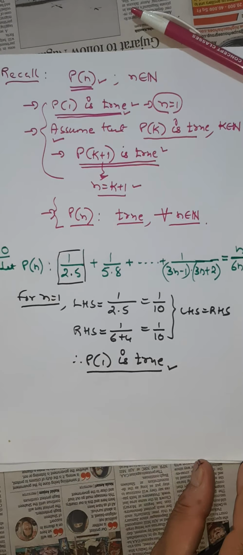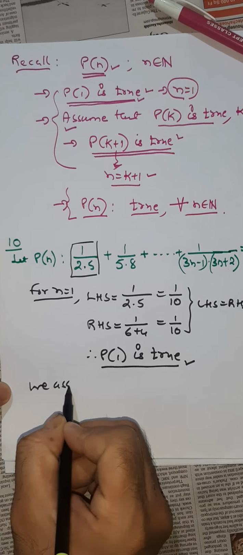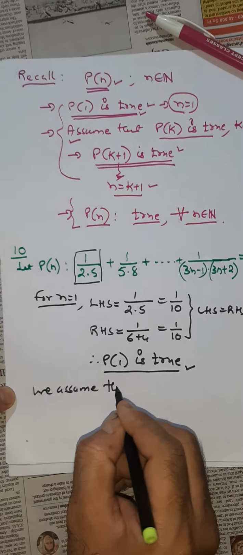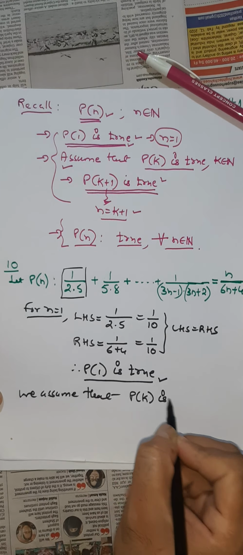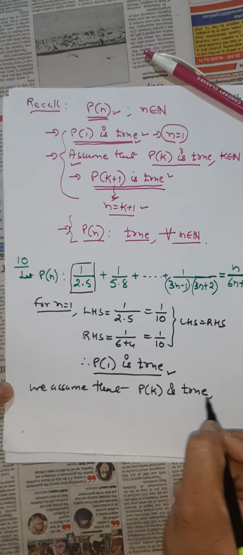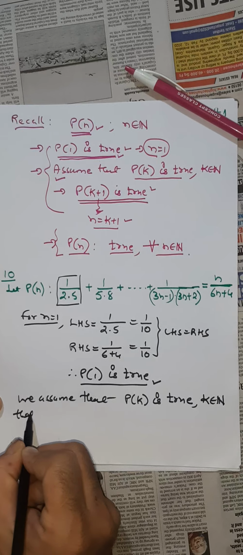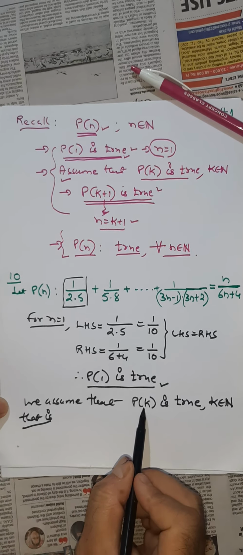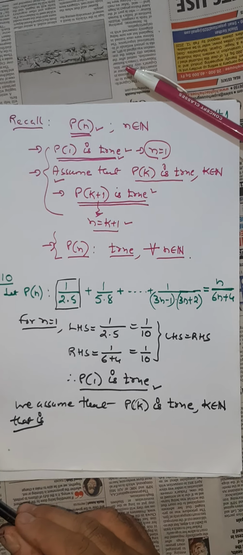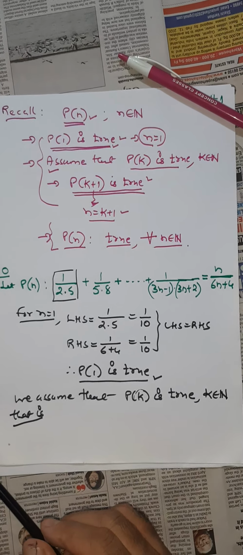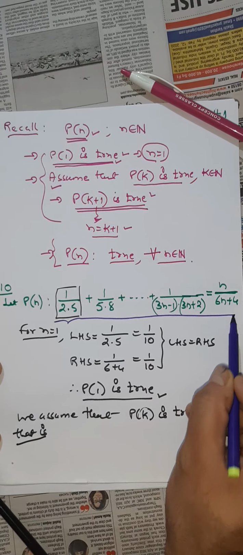That's one thing. Now the next part is our assumption. So we assume that P of k is true. This is our assumption part, where k belongs to n, any natural number. What is the meaning of this? As we wrote earlier in all examples, in the given statement, instead of n you write k. So in this statement, instead of n, I'm writing k.